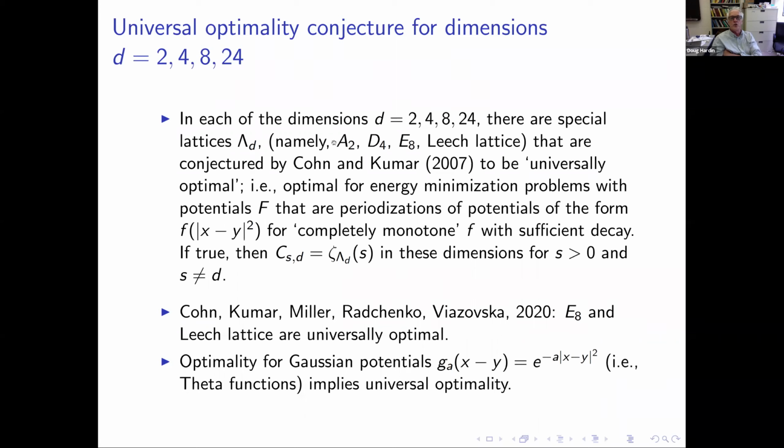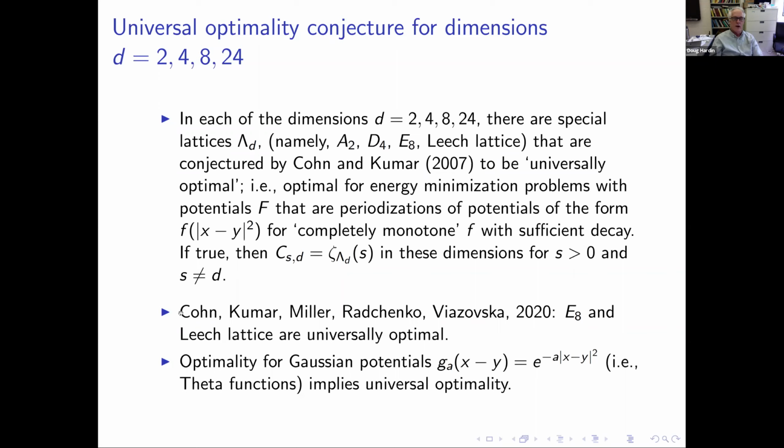For us in 2 dimensions, that would be that the hexagonal lattice is optimal. And I'll say a little bit in the context of N-point periodic configurations in just a second.